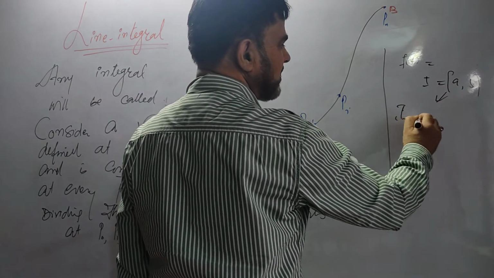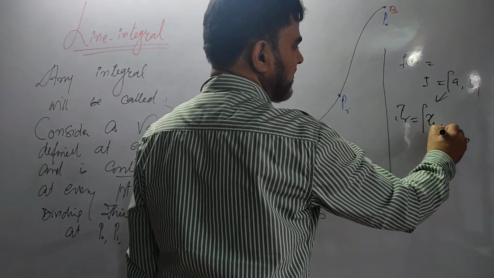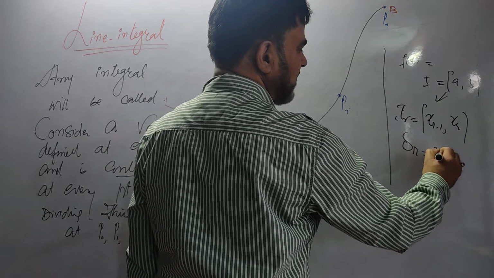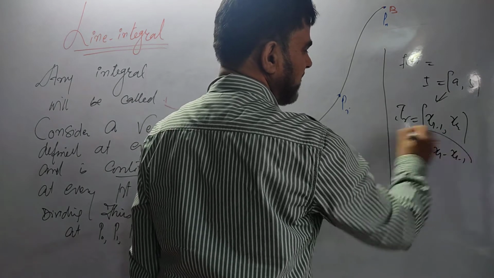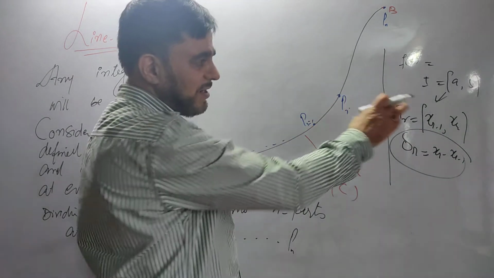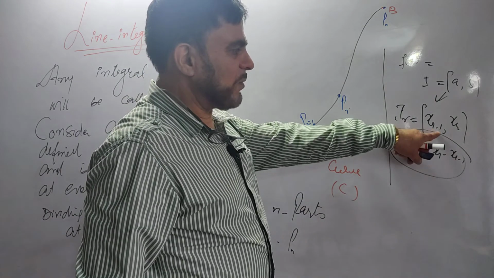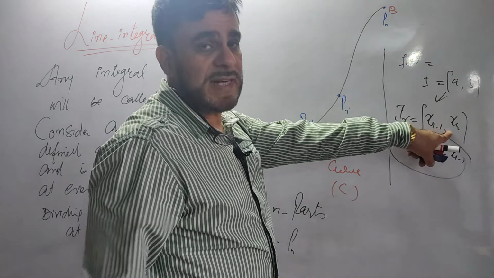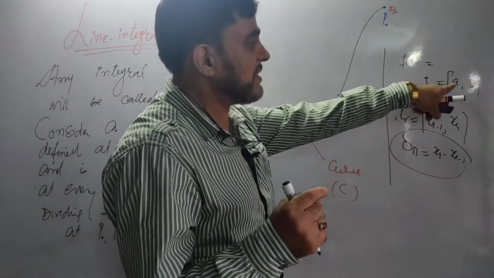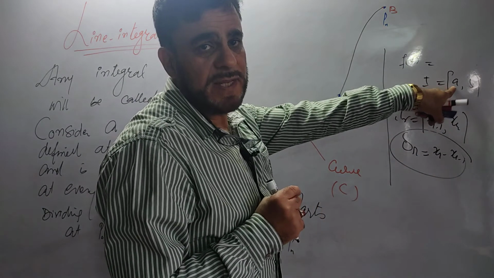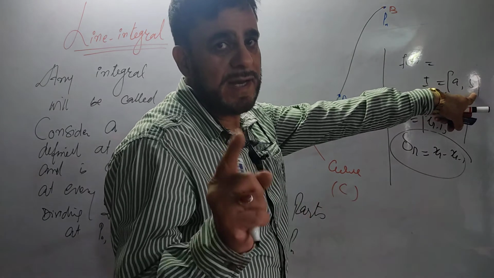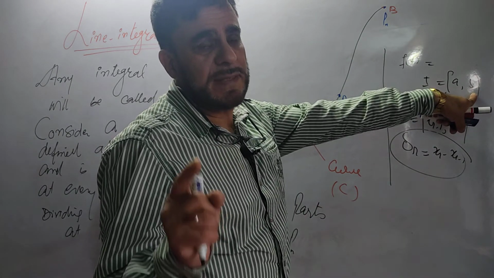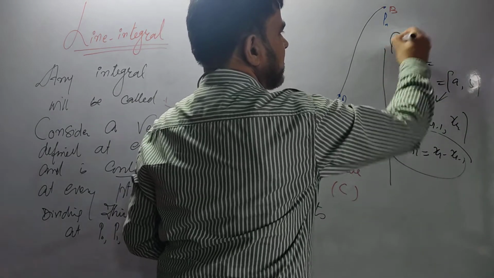We take the rth interval here, it is x(r-1), xr. Then we take delta r, which is xr minus x(r-1), the length of this interval, the rth interval. If you put r equal to 1, you will get x0, x1, where x0 is your a, because we start here, this is your x0, this will be your xn. I am just giving you the reference of your Riemann integration. This is Riemann integration.